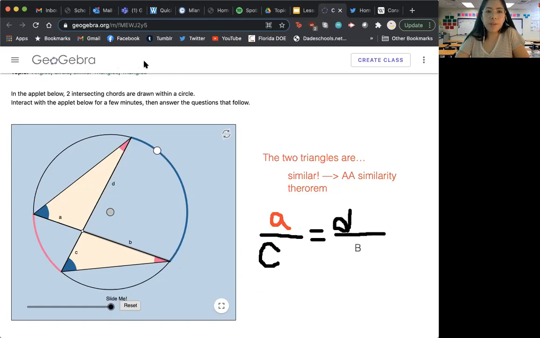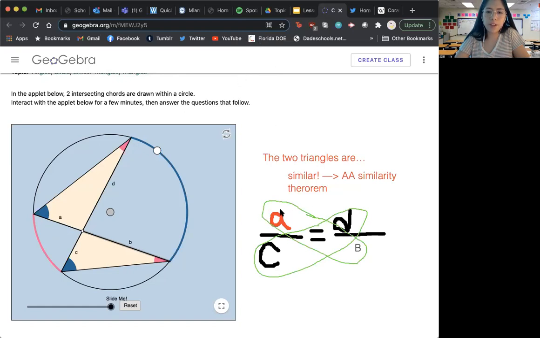And now, what do we always do with proportions? What is that called? If I was going to solve this, what would I do? Yeah, good, Tyrone. I'm going to cross multiply. When I cross multiply, I'm going to be left with the following equation.